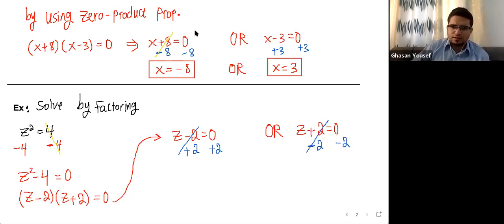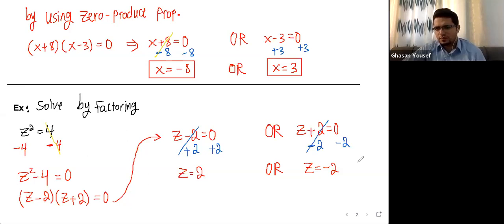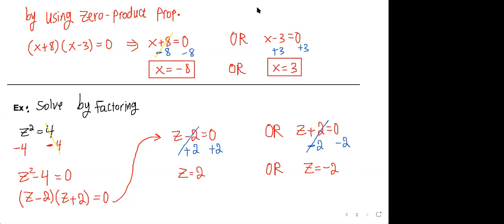So the answer is z equals 2, or z equals negative 2. This is correct. These two solutions simply mean that if you plug in either of those two numbers in the original equation, you would get 0, right?